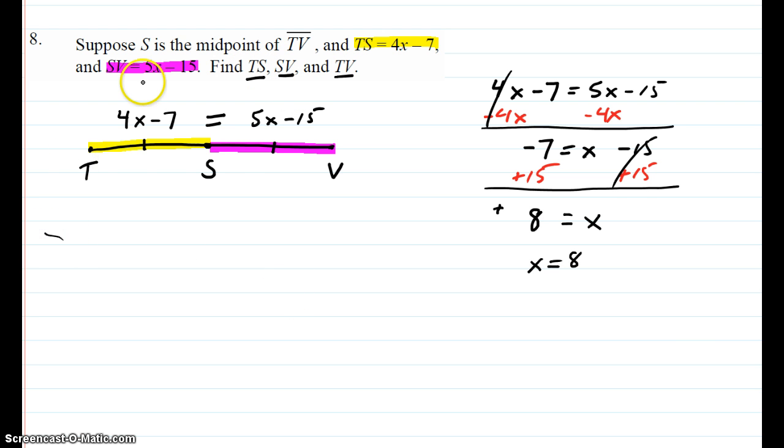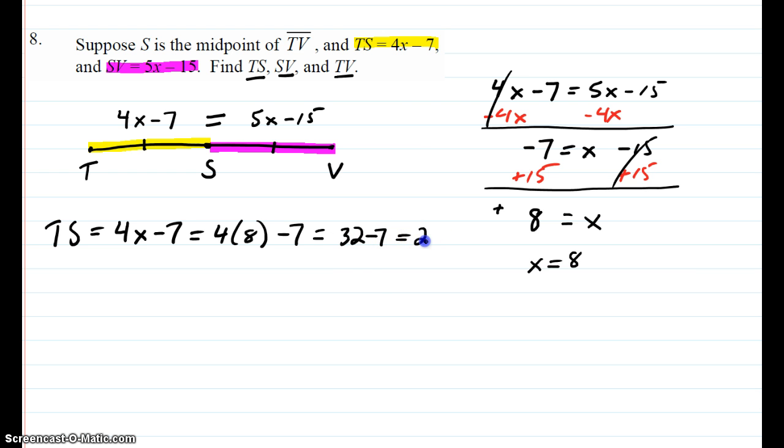Well, TS is 4x minus 7. So that's going to be 4 times 8 minus 7, which is 32 minus 7, which equals 25.